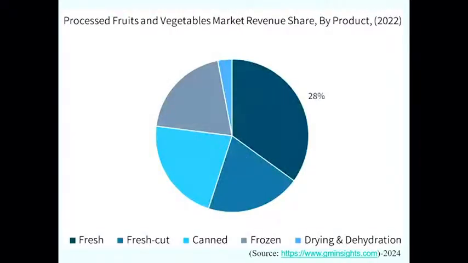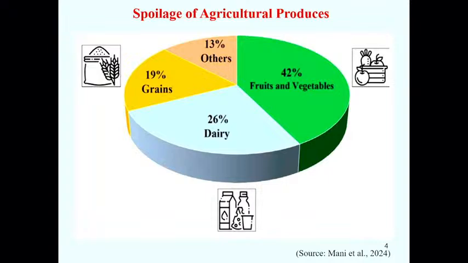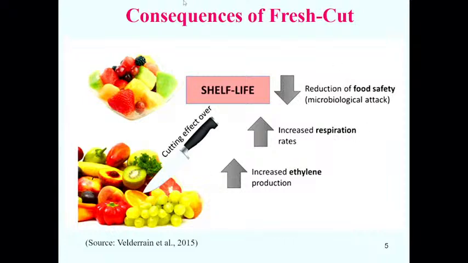These are the statistics: among all fresh cut fruits, around 24% of the total market. Spoilage is highest in fruits and vegetables. What are the consequences? We all know that fresh cut means minimal processing: peeling, cutting, and removal of seeds.